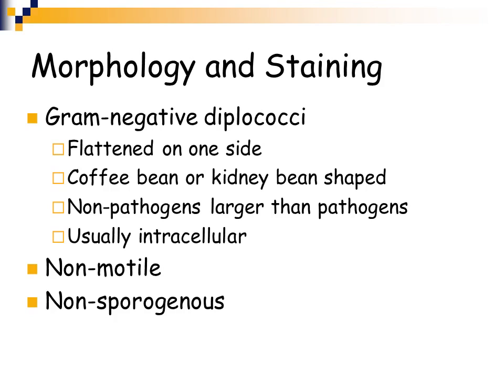All of these organisms are gram-negative diplococci. They are flattened on one side. They look like a coffee bean or a kidney bean in their shape. And the non-pathogenic organisms tend to be larger than the pathogenic organisms, although they'd have to be side by side under a microscope for you to really see that.